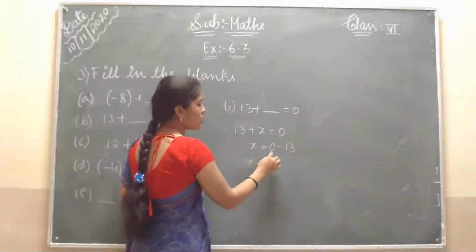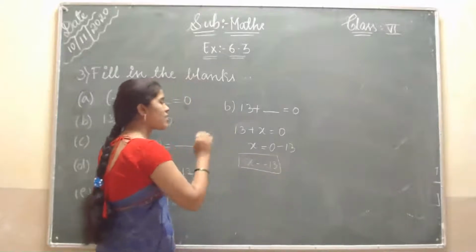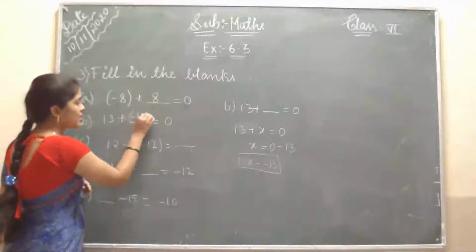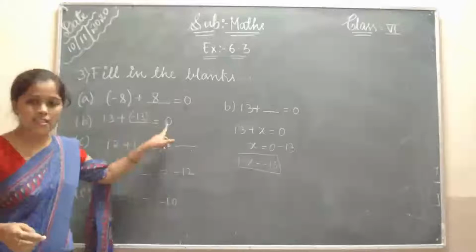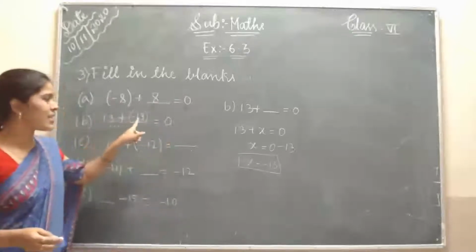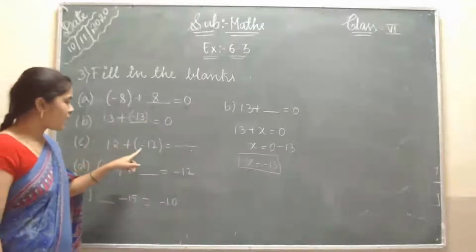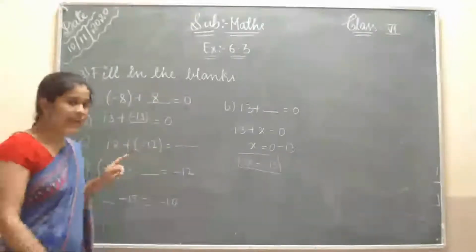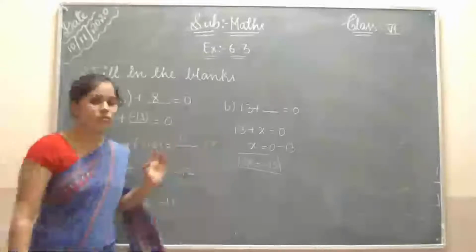So x is 0 minus 13, which is minus 13. If we substitute minus 13 here, 13 minus 13 is 0. The answer is 0. With the help of this, we have to solve.